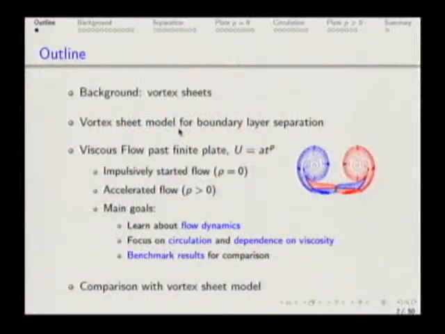My test case to understand separation is this very simple flow past a plate. In this case, the flow goes from bottom to top. You get boundary layers of vorticity forming, and they separate, forming a counter-rotating pair of vortices. So that's my test case.